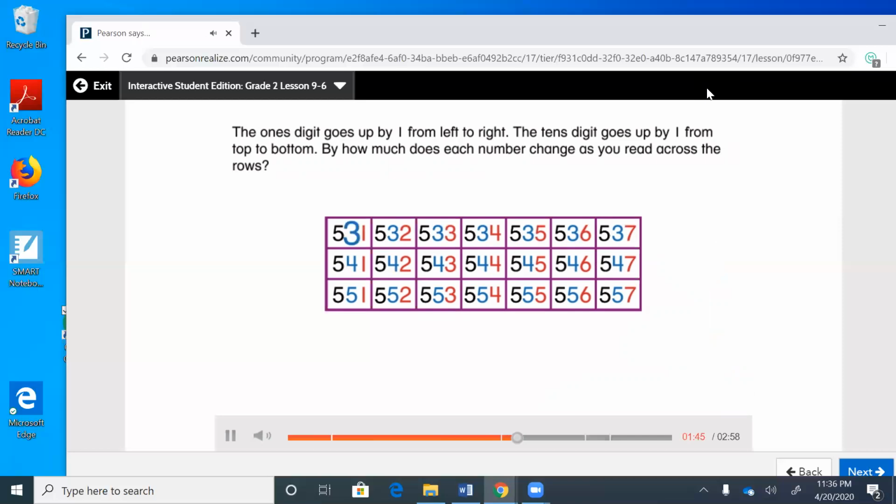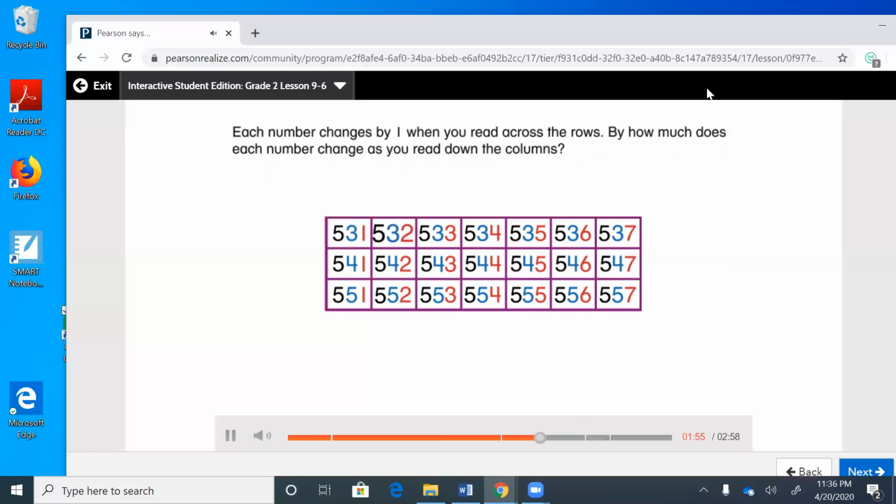It's showing you how the 1s digit changes, how the 10s digit goes up or down. When you go down, each number changes by 10.